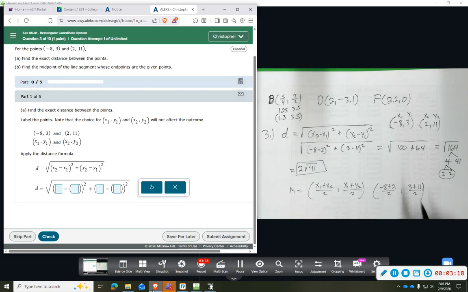So we will add, that would give me a -6 over 2. And then we would add, that would give me 14 over 2. And then -6 divided by 2 will give me a -3. 14 divided by 2 would give me a 7. So my midpoint would be -3 and 7.